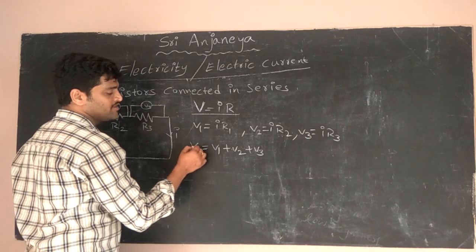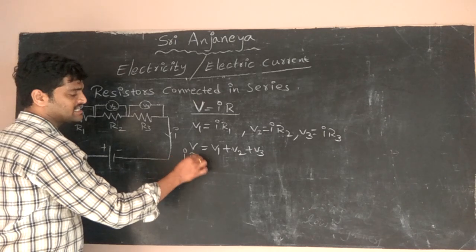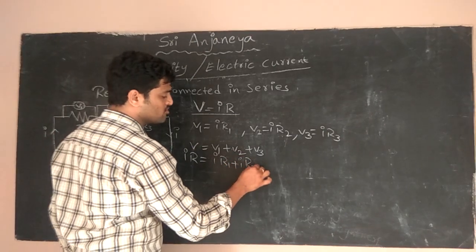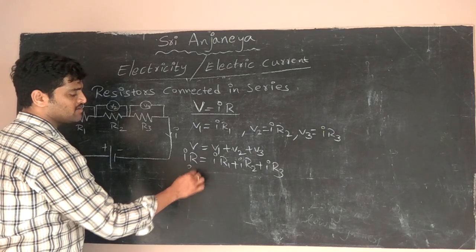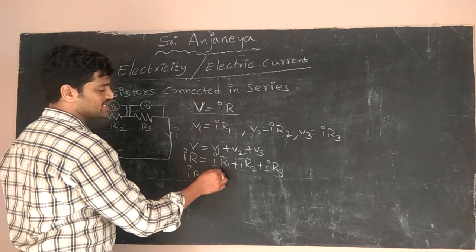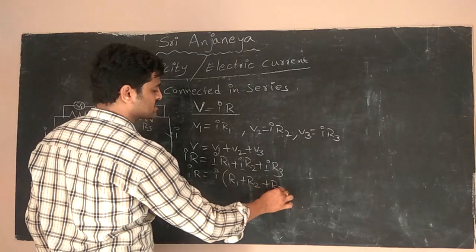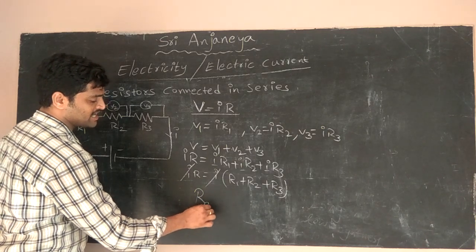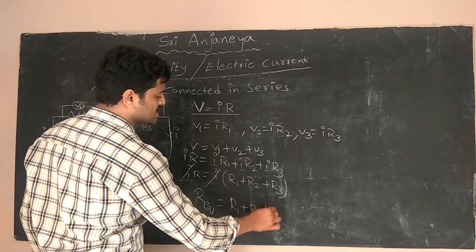Replacing V with the given values, the result is IR equals IR1 plus IR2 plus IR3. Taking I as common, why? Because I is common in these three terms. Then the remaining is R1 plus R2 plus R3. So I gets cancelled, and the remaining thing, R equivalent, the equivalent resistance, is equal to R1 plus R2 plus R3.